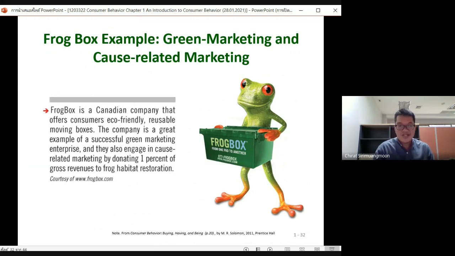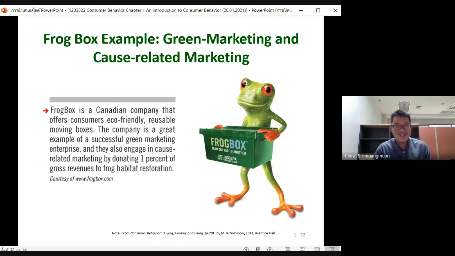Then, how is it linked to the cost-related marketing? Cost-related marketing is linked by the campaign, which is they're going to donate 1% of the revenues to animal protection.